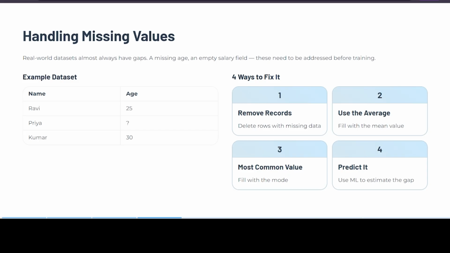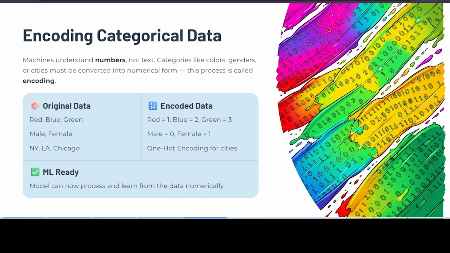Next we are going to see encoding categorical data. Now let's move to the other most important concept. So what does this mean? Machines understand numbers, right? They don't understand text values. For example, imagine you have colors: red, blue, green.